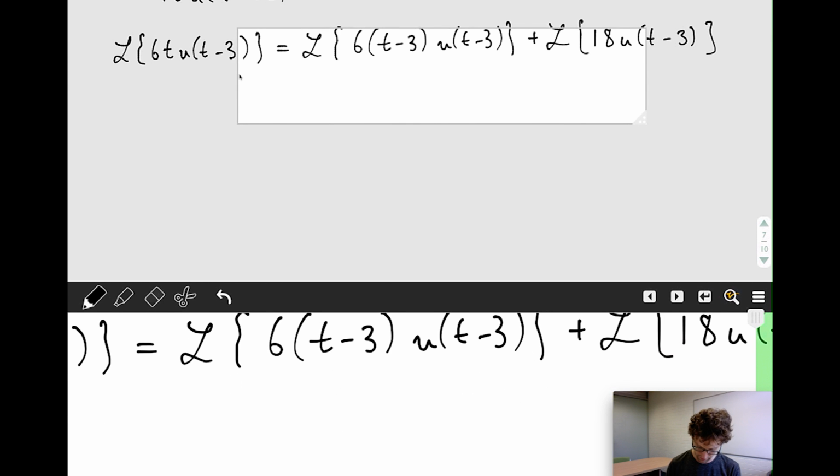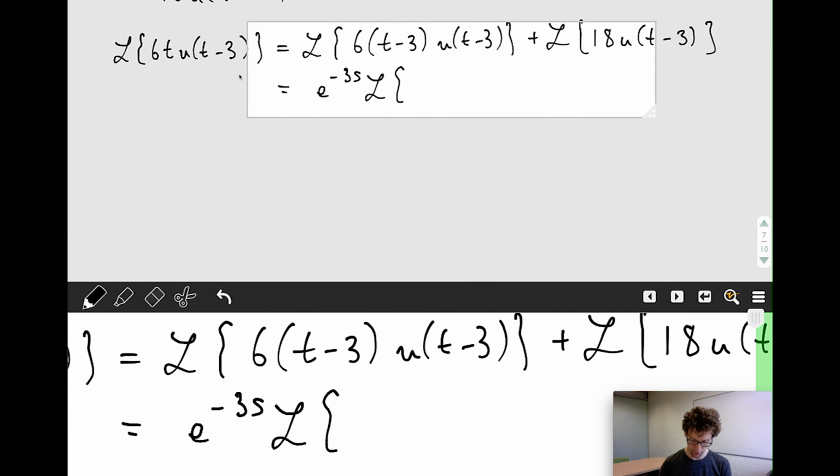So let's see what that would be in this case. The second shifting theorem says that this will be e to the minus shift times s, the shift is 3, times the Laplace transform of the unshifted uncut function. So what exactly is that? Removing the cut means getting rid of the Heaviside, and removing the shift means getting rid of that minus 3. That leaves me with just 6t.